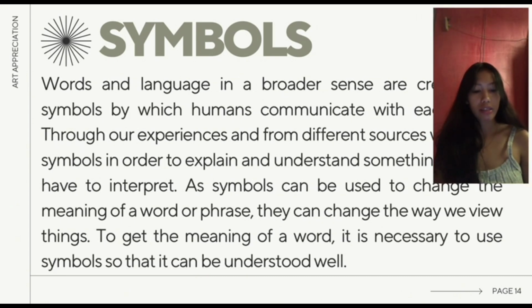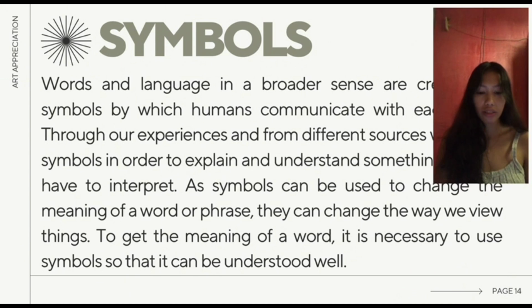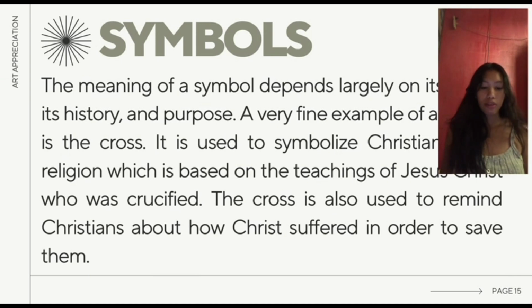Humans communicate using symbols that form words and language. We create symbols based on experience to interpret and explain concepts. Symbols can alter word meanings or perspective. Understanding a word requires interpreting its symbolic representations. A symbol's meaning depends on context, history, and purpose. The Christian cross, for example, represents Christianity and Christian sacrifice.